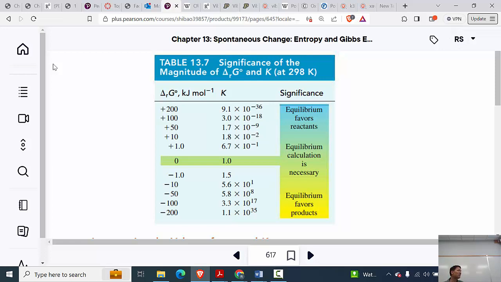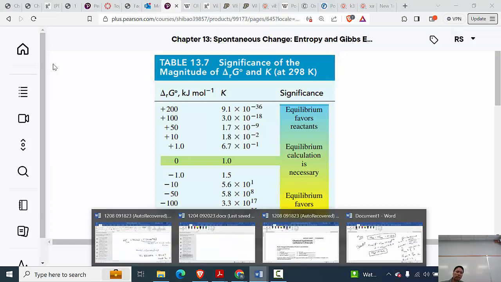Okay, so this table gives us an idea of how the driving force is related to the ratio of product to reactant here. So I'm going to remember that. Is it possible to ever have exactly 100% product?